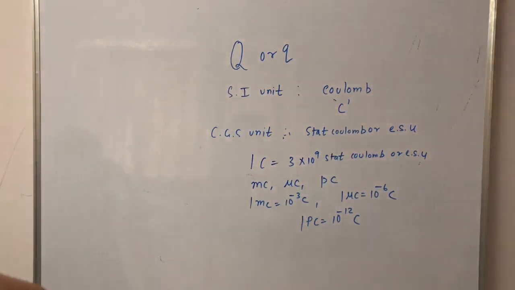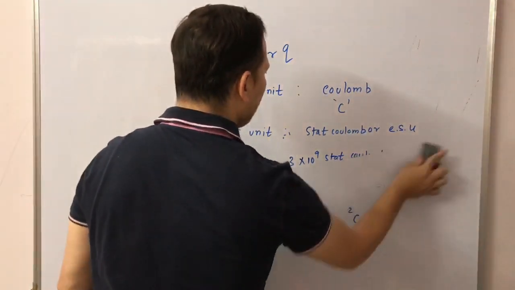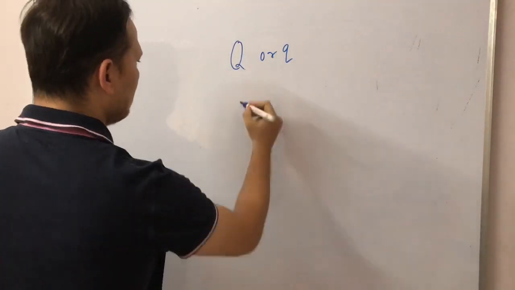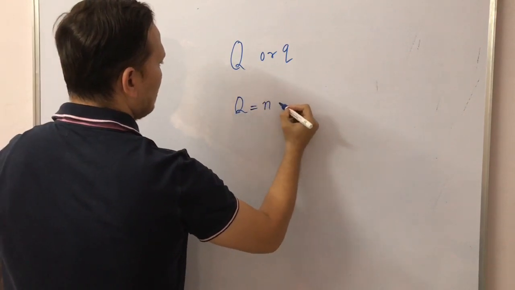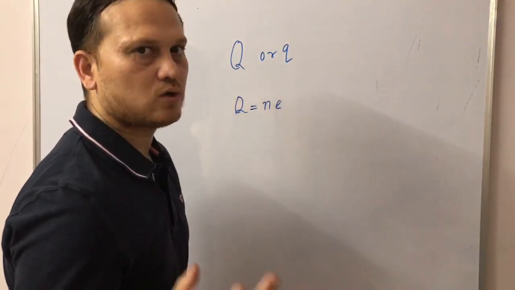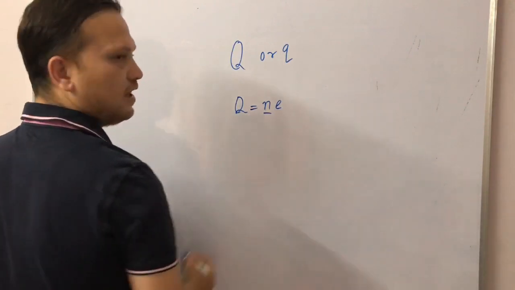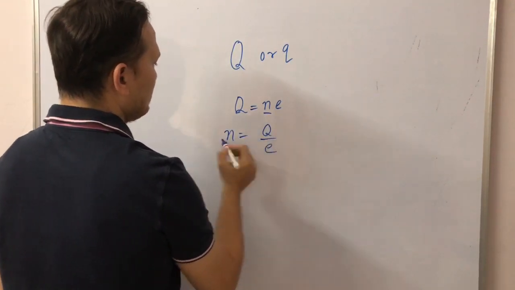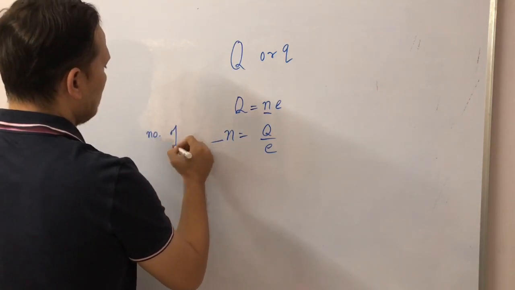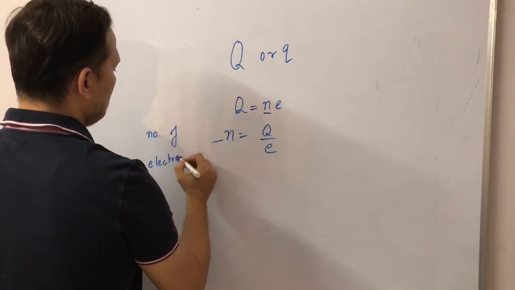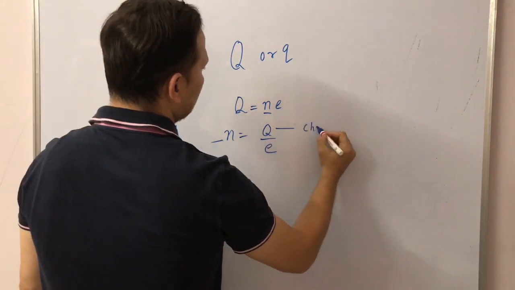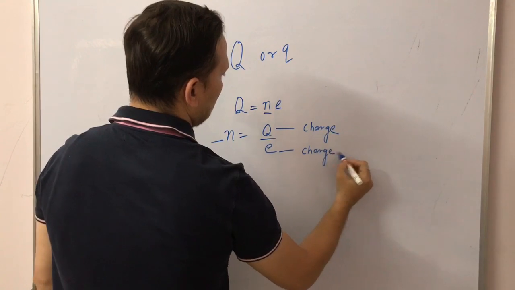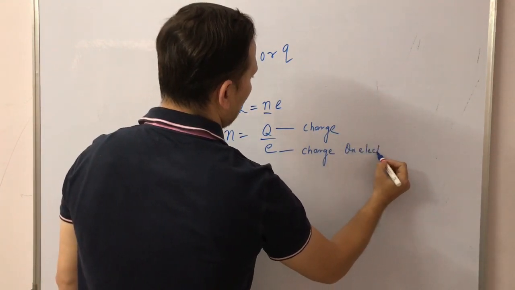Okay, so let us see how many electrons are there in 1 coulomb. We have seen that in 10th standard. So again we'll use the relation, and by knowing the relation we can find how many electrons are present in 1 coulomb of charge. We have to find n, the number of electrons. n is the number of electrons, Q is our charge, and e is the charge on an electron.